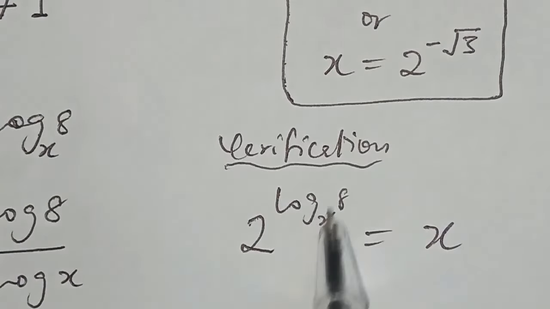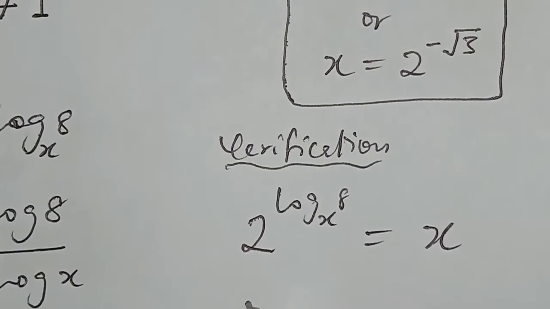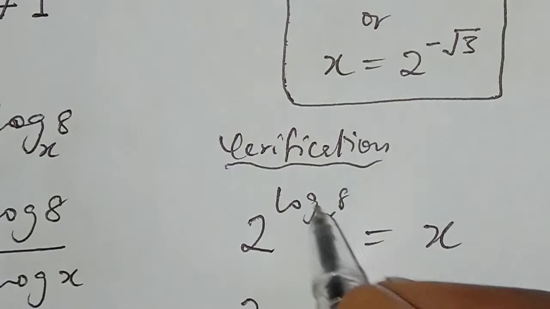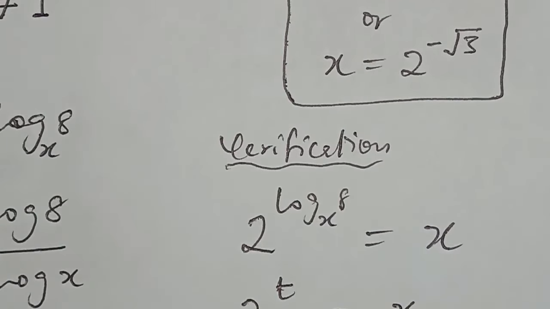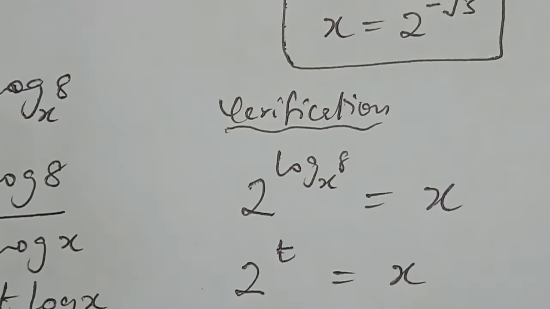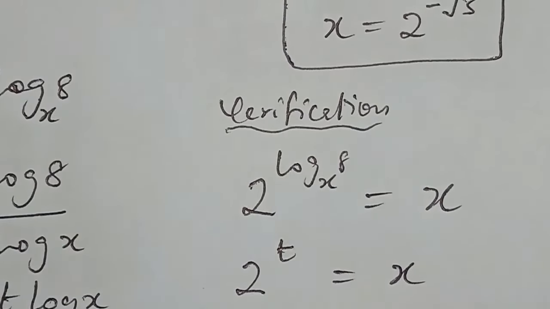So we've derived the value for t, and we apply that. We have 2 to the power of t equal to x. So if we apply the value of t, we have 2 to the power of plus or minus square root of 3.